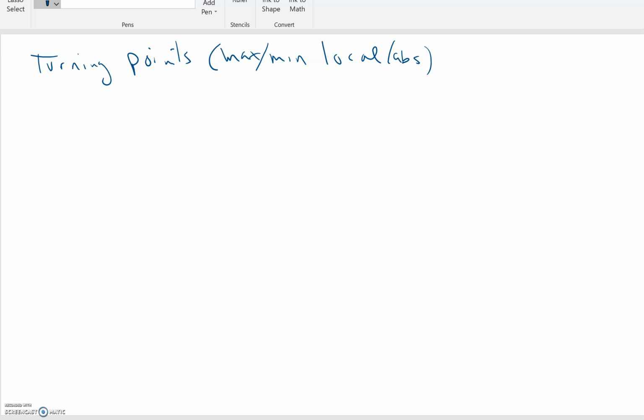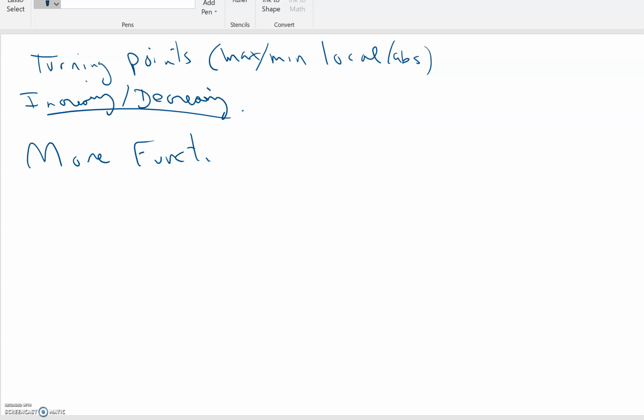And then we talked about where a function's increasing and decreasing. But that is not the whole story. There is more to function behavior than these things. A more in-depth look at function behavior has got to include the type of curvature that the function has.